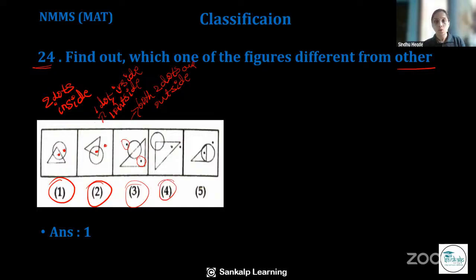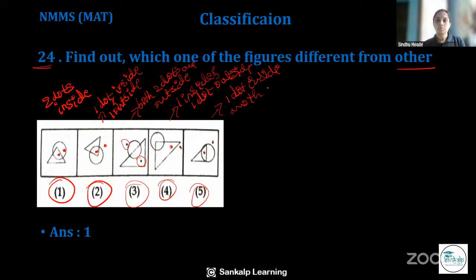Here also one dot is inside and another one is outside. Then image 5 also contains one dot inside and another one outside.